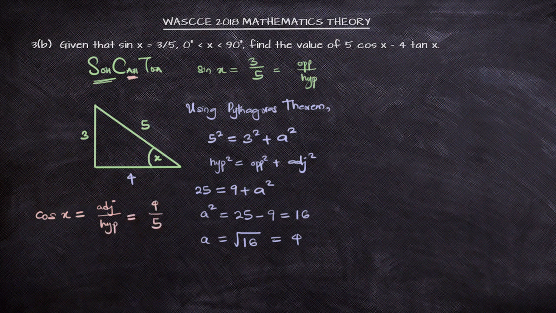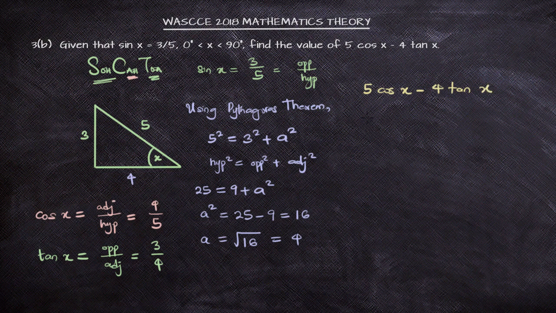And then tan x is opposite over adjacent, and that will yield the opposite is 3, the adjacent is 4. So knowing these values, we can plug into the value of 5 cos x minus 4 tan x as requested in the question.